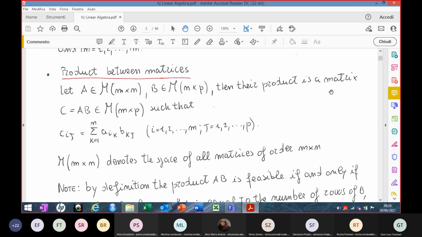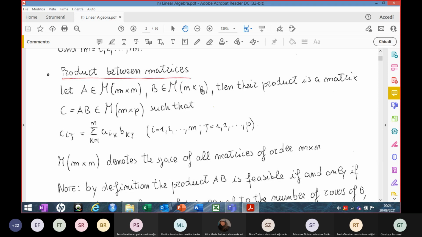Then their product is a matrix, which I called C, which is A times B, and this is a matrix of order m times p. That is a matrix having the same number of rows as matrix A, the first one here, and the number of columns of matrix B. You see, m times p.